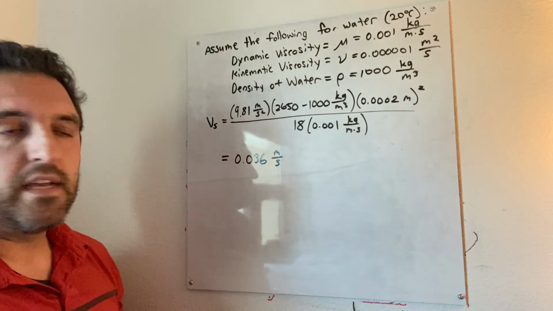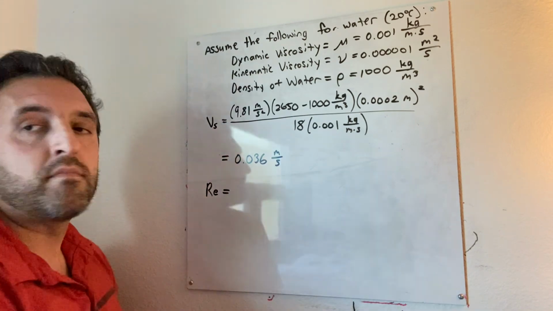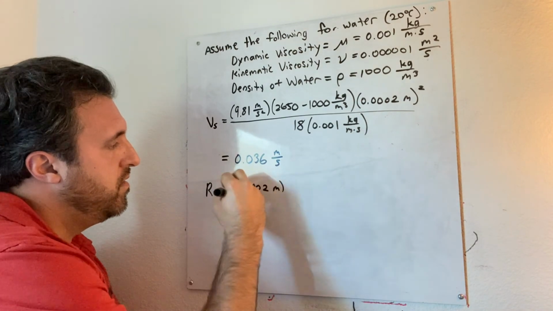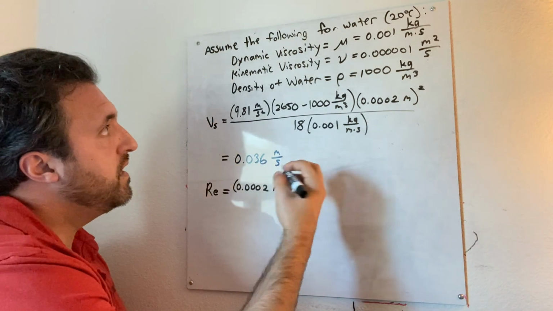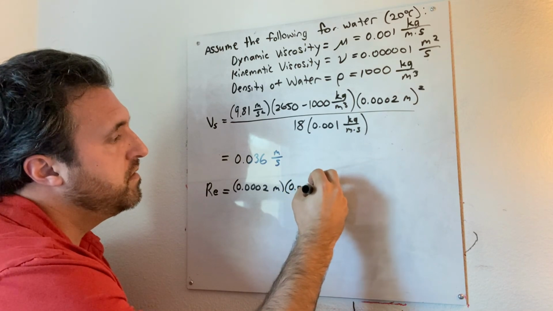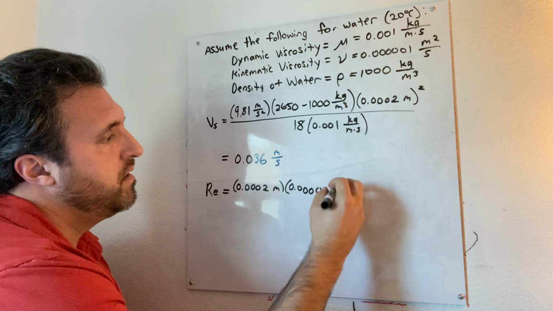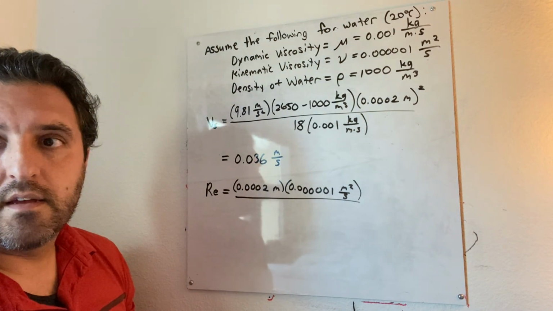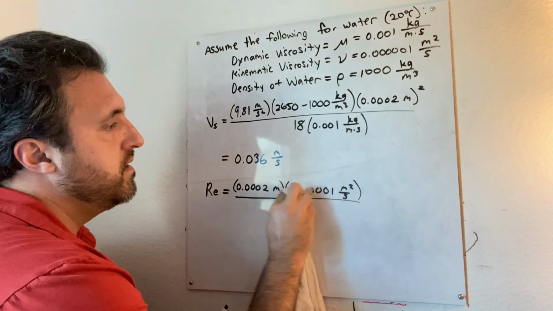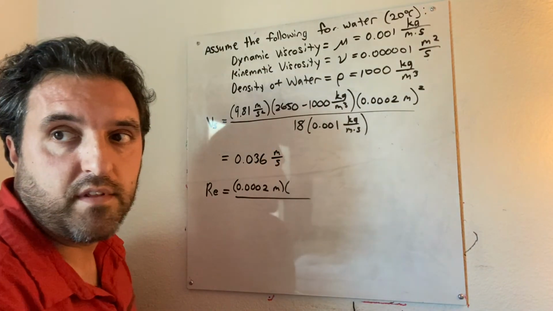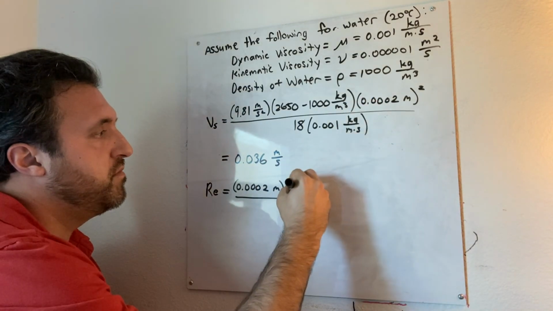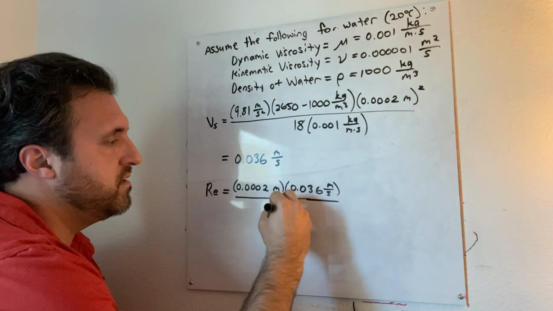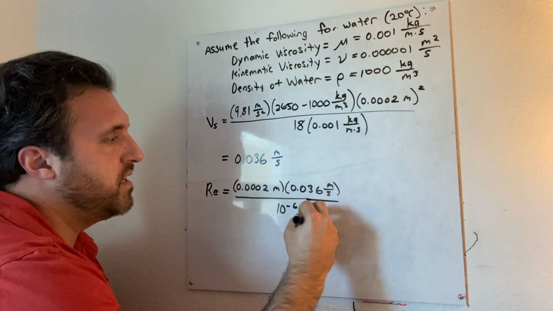All right, so then we're going to calculate the Reynolds number. That's equal to the particle diameter, 0.0002, times the settling velocity, which is what we calculated up here, 0.036 meters per second, divided by the kinematic viscosity, which is 10 to the negative 6th meters squared per second.